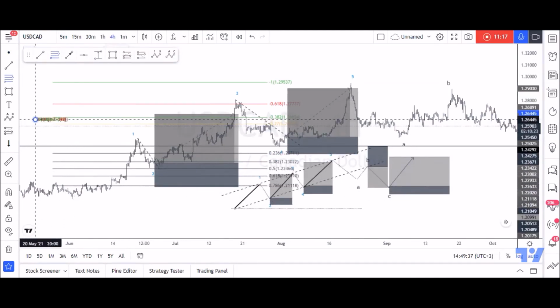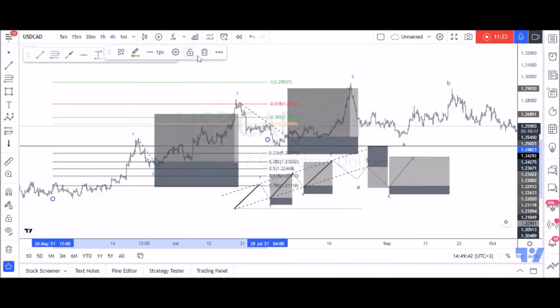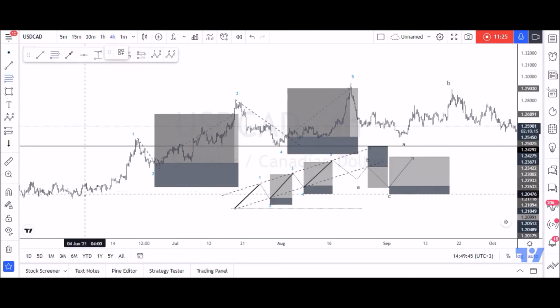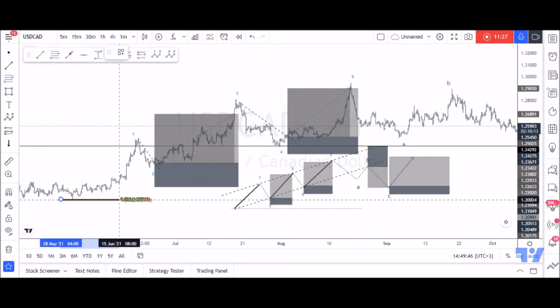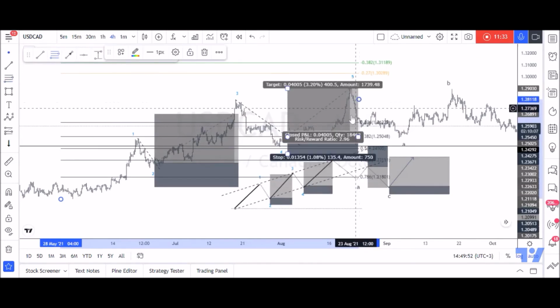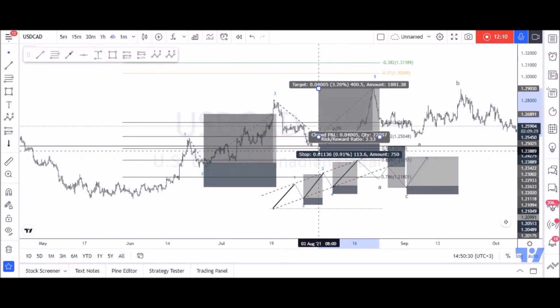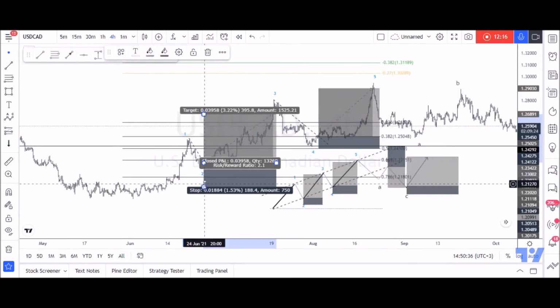So let me remove one of these so that we can have a clear chart. Plot it all the way from that place to 3, right? We see that it bounced at around 0.38 and around 0.5, and this is a good risk reward ratio, as you can see from where we took our trade to where we are going to place our stop loss, just below this market swing low.